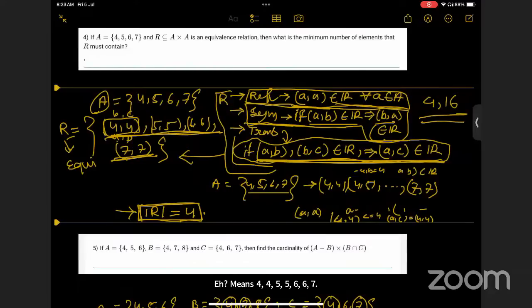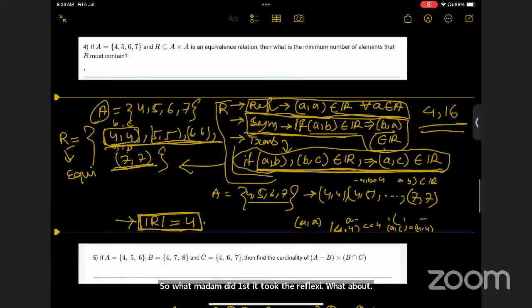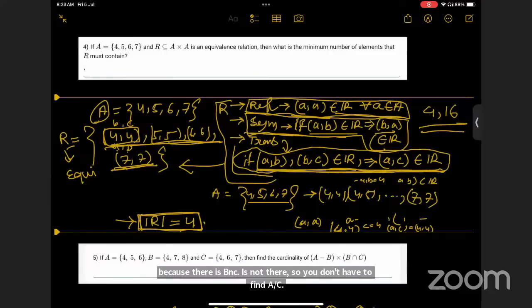If we consider that a is b, then (a, b) and (b, a) will be symmetric. Now for transitive: (a, b) and (b, c) then (a, c). If (b, c) is not there, you don't need to find (a, c). So it's already transitive. Understood? So this is the reason she takes them. Got it, thank you so much.